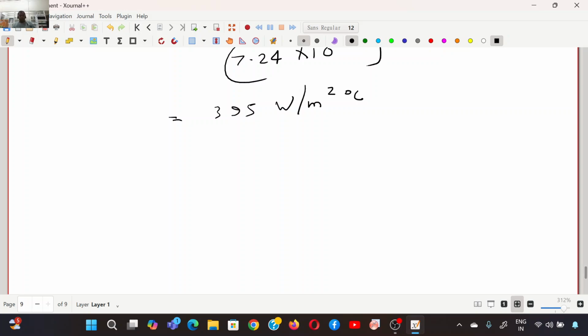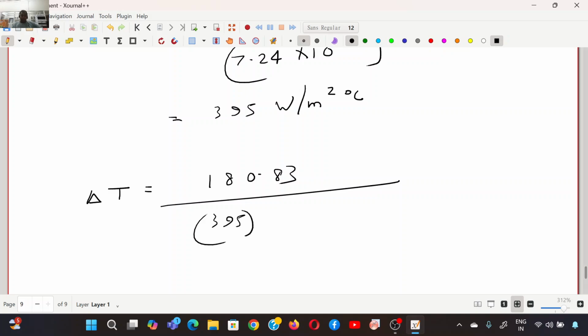And this Q equal h A delta T is equal to I square R. You do that. You will get 180.83 by 395, equal to 201 degrees Celsius.